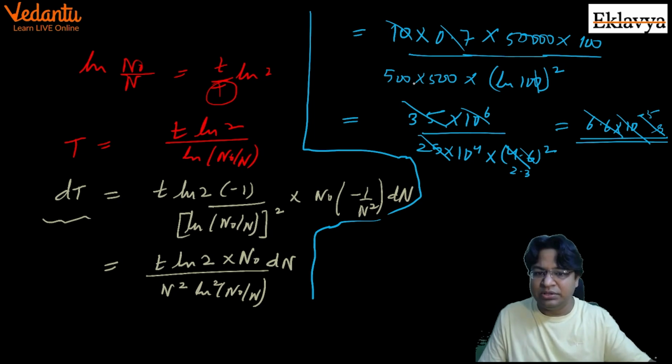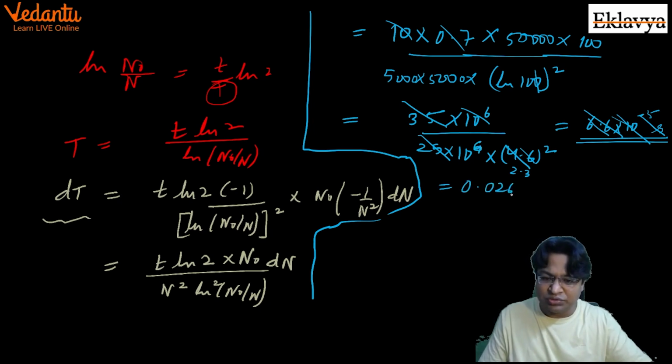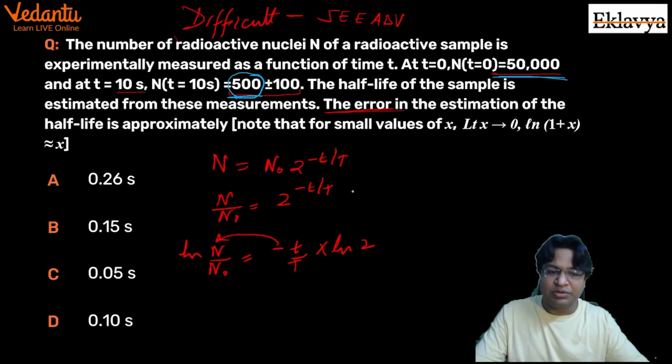Similarly here also we will have two more zeros. So after doing this and calculating, we get 0.026, which is actually not present in any of the options.